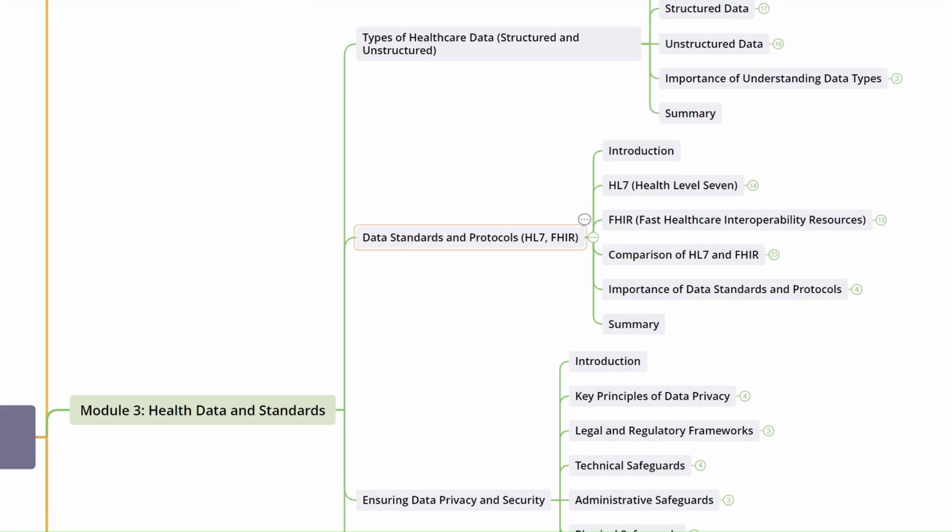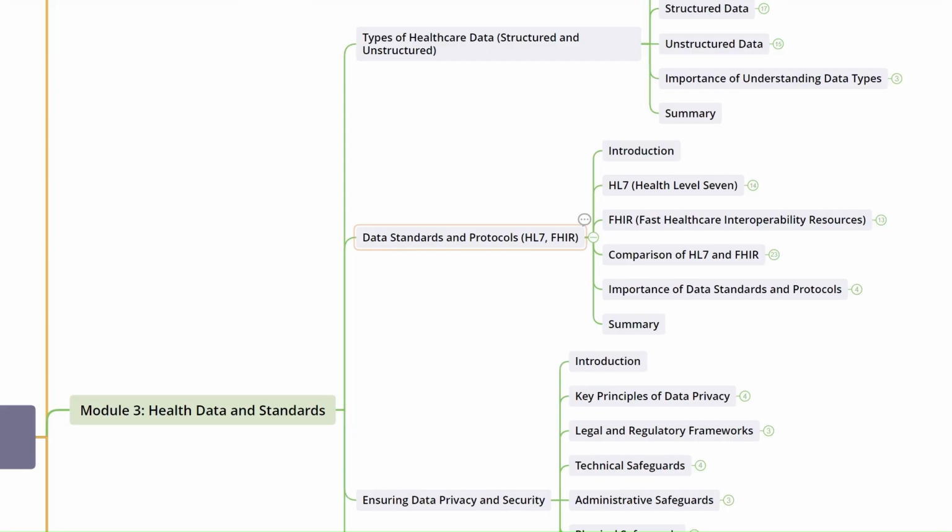HL7 provides a framework for exchanging, integrating, and retrieving electronic health information, widely used for clinical messaging. FHIR, a new standard leveraging web technologies to simplify data exchange, making it conducive to mobile applications and cloud based systems.